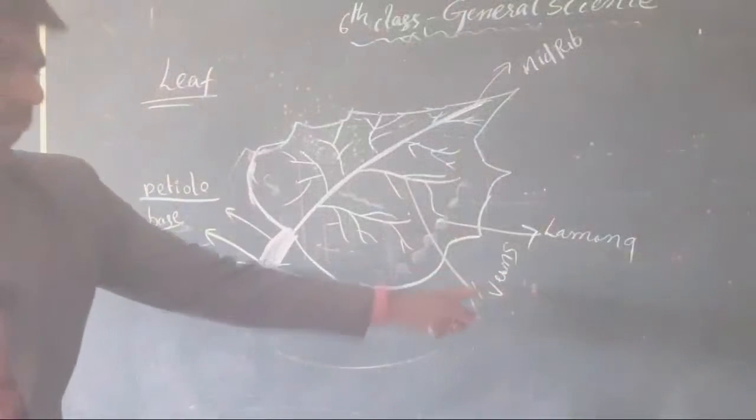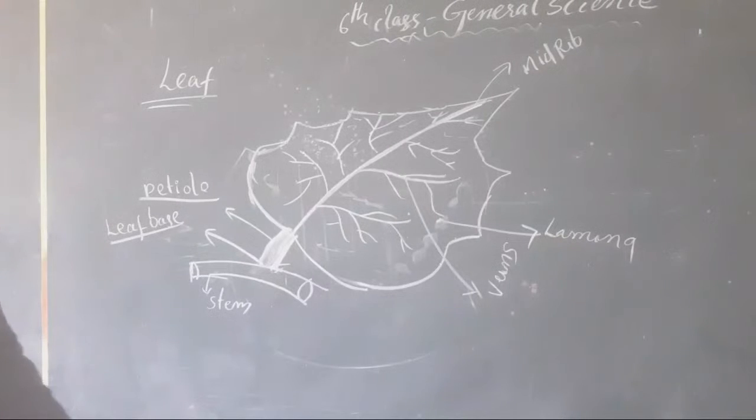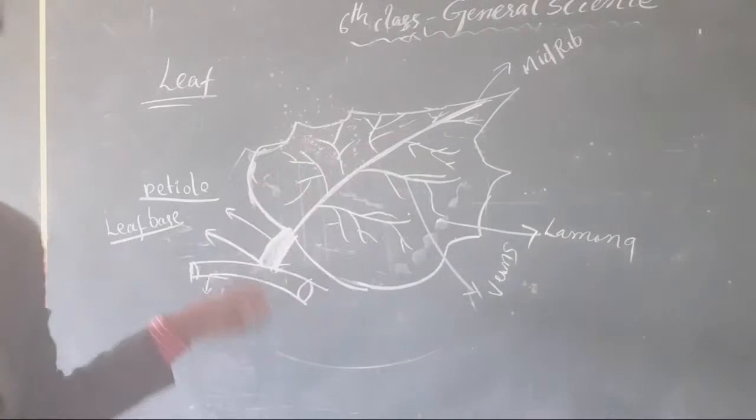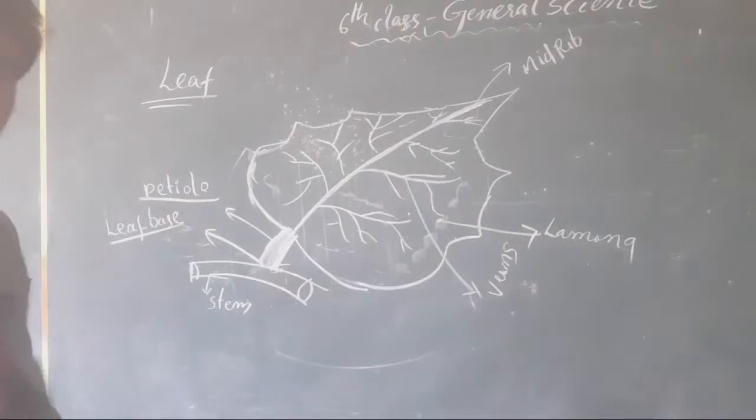And here also, these are veins. And here too, they are called veins. Okay, and totally these are the main parts of the leaf. Got it, all the students? I hope you got it.